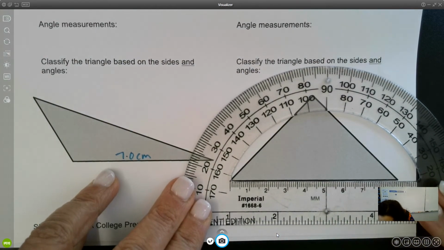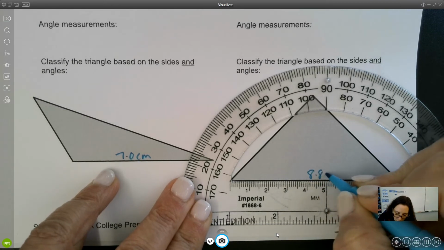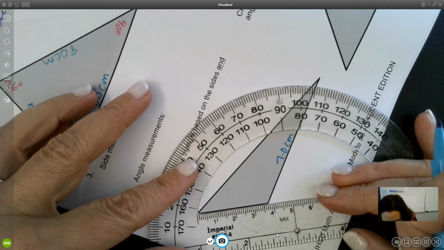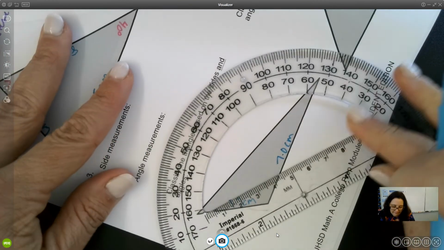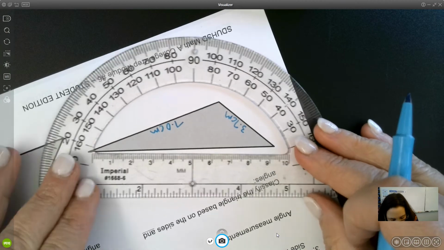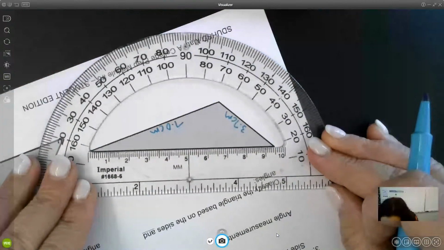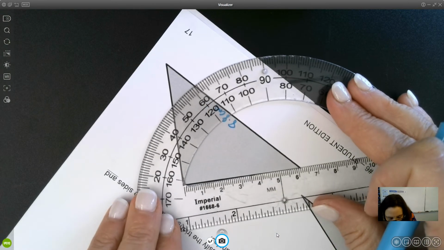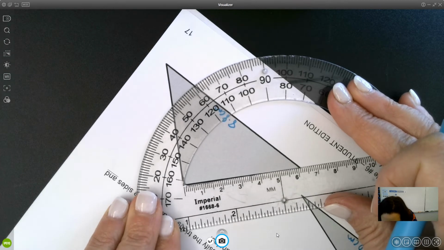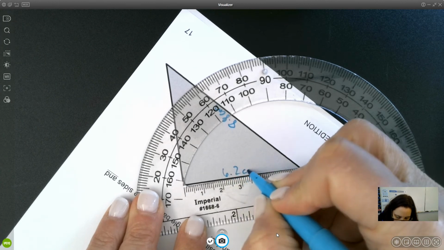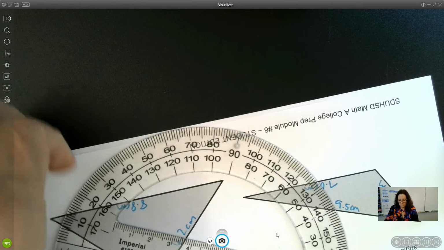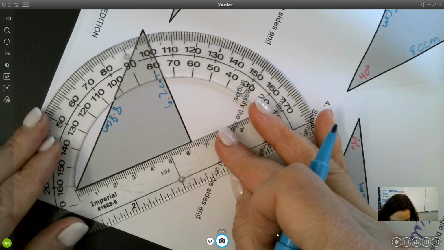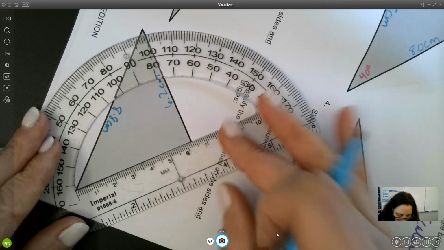This guy, 8.8. 3.7. 9.5. 6.12, somewhere around there. 6.3 on this one.